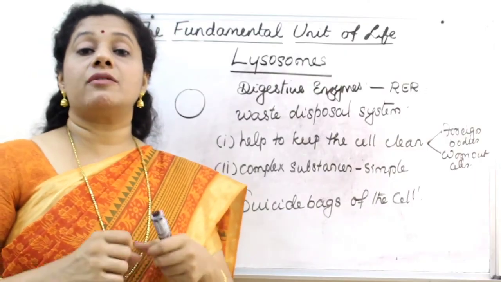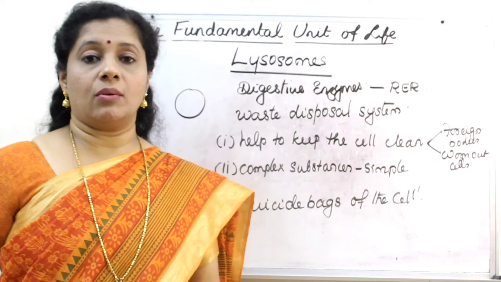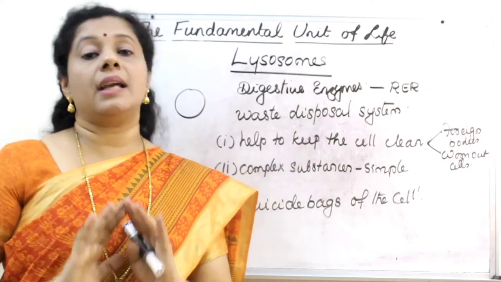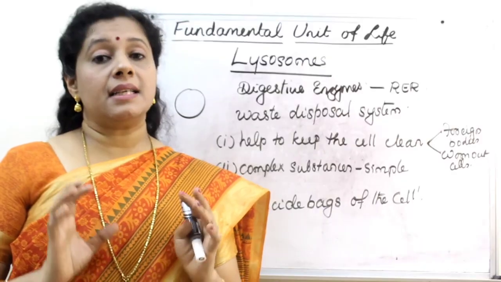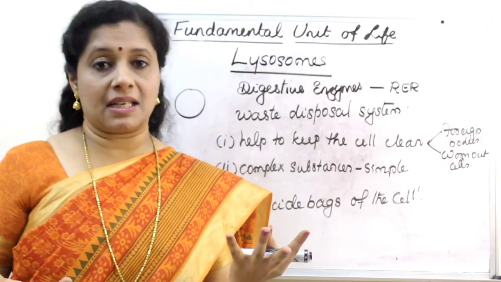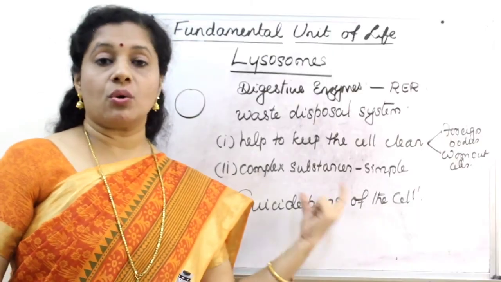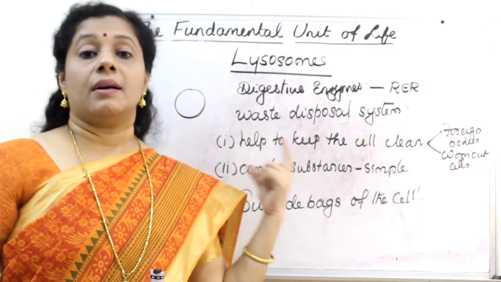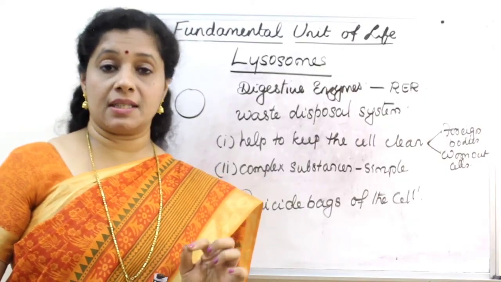They literally have to break open in order to release those enzymes out, which will clear the surrounding area. So for the purpose of cleaning the cell, these lysosomes are bursting themselves. So they are called suicide bags of the cell. So you can get a question, which organelle is known as the suicide bag of the cell, which is the lysosome.